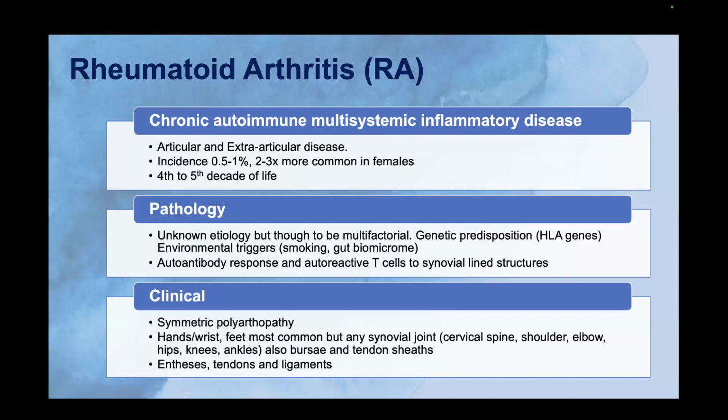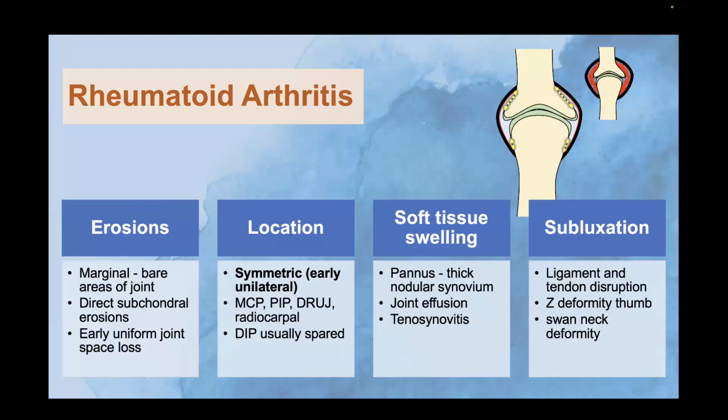It's typically a symmetric polyarthropathy, and in the hands and the feet, where we often do the radiographs, it's usually a proximal distribution. So in the hands, radiocarpal, intercarpal and MCP joints, with usually sparing of the DIP joints.